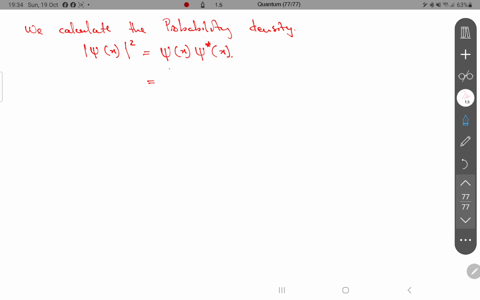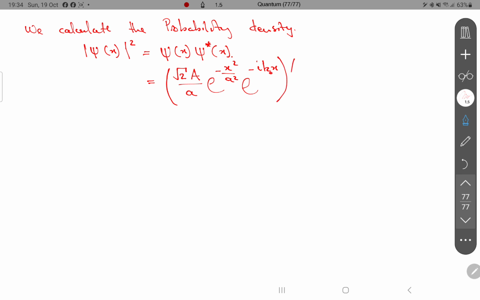We have the square root of 2a over a, e to the power negative x squared over a squared, multiplied by e to the power negative i k naught x.